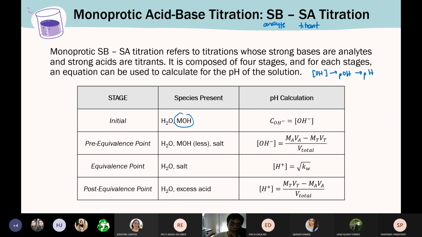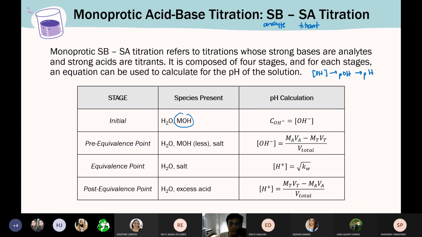And then, when you add your titrant, that's pre-equivalence point na. Ang gagawin mo, since your base is getting lesser, onti na siya, then you have to deduct the amount of titrant added to your analyte, no? So that's MAVA minus MTVT pa rin.